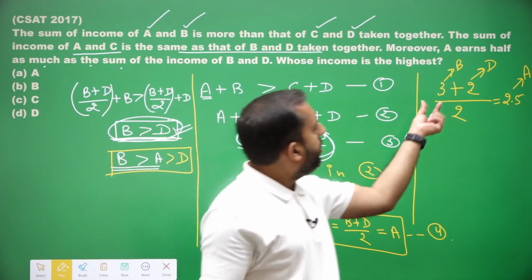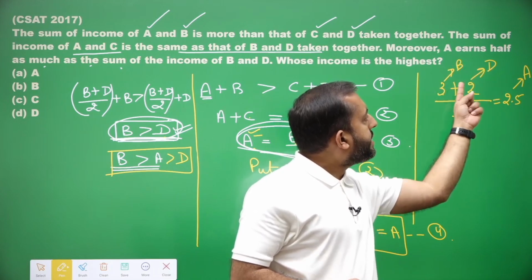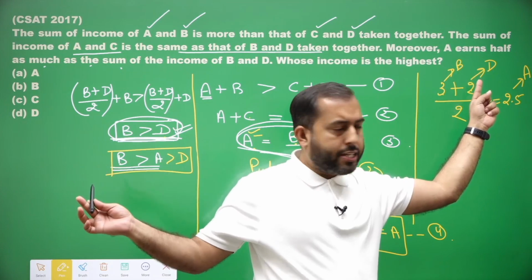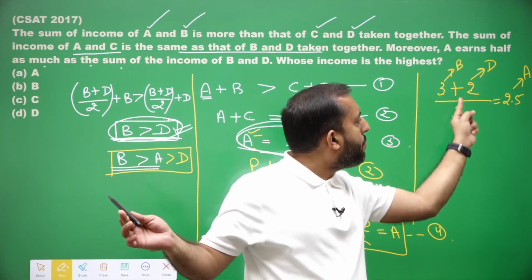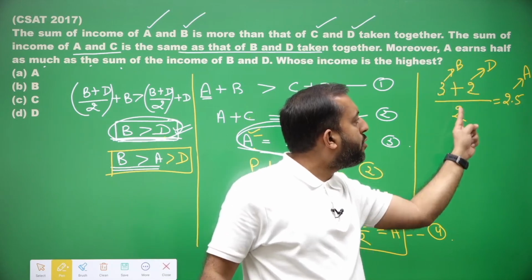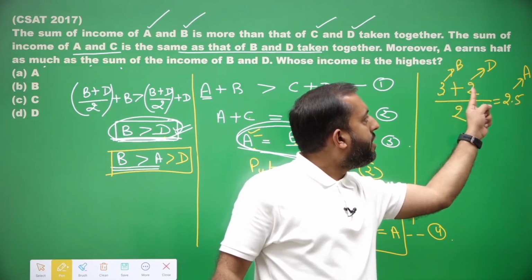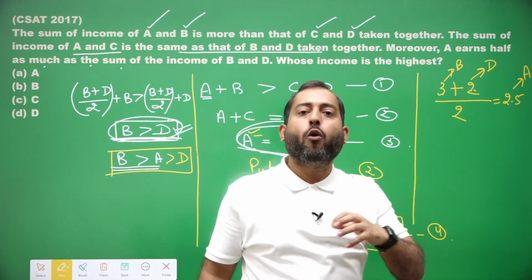See, the value of B is 3, the value of D is 2. B is greater than D. We have justified the given condition, and after that B plus D upon 2 gives me the value of A. So 3 plus 2, 5 upon 2 is what? 2.5. Now you can see B is still greatest and the value of D is 2, and D is the smallest.